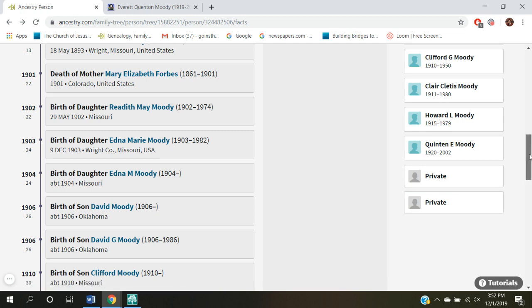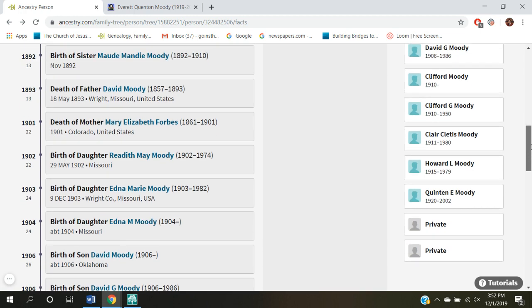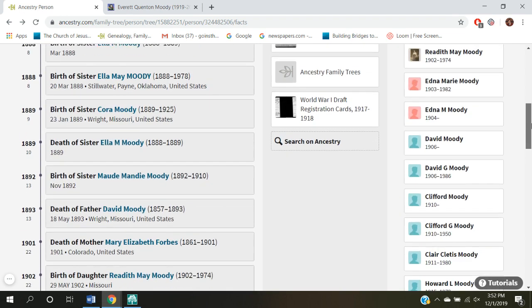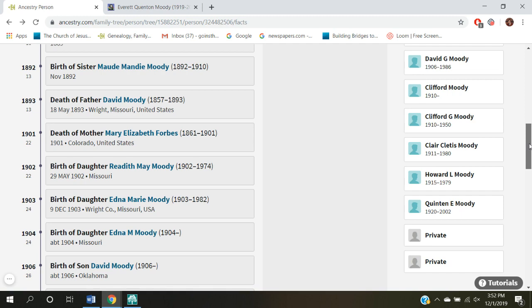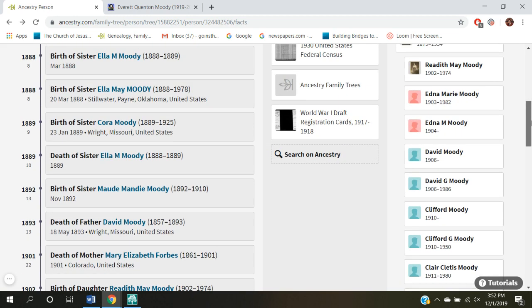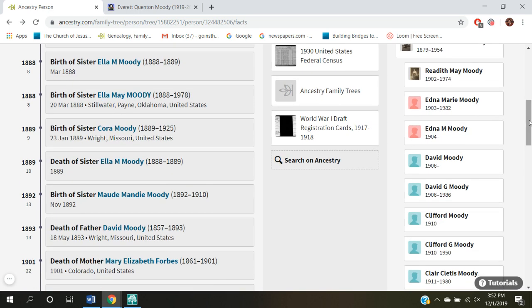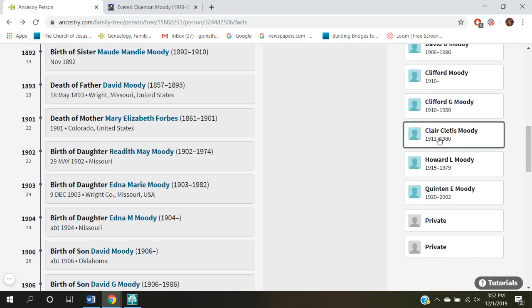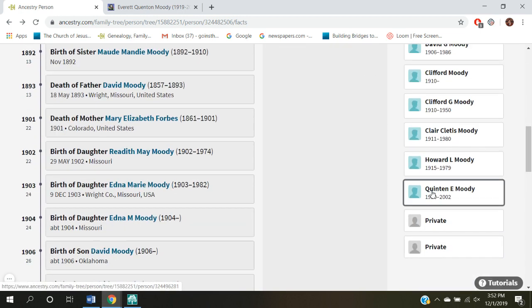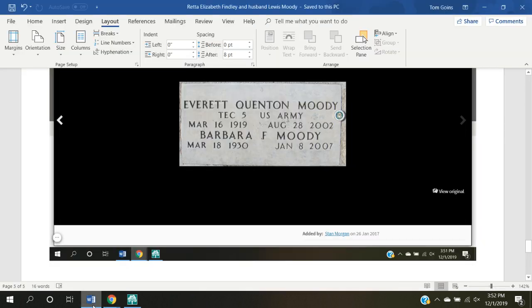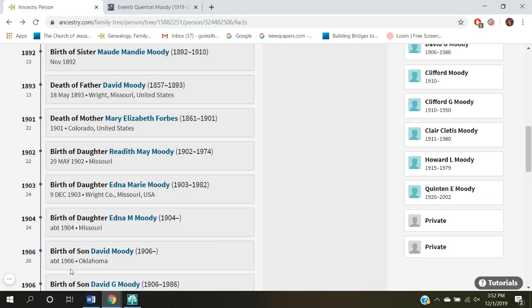But so far, up to 1920, we can find that they did have 7 children, as listed here in the family tree. So I know that's correct. I also know now that it's Claire Cletus, which is written here, so that's correct. And it's Quentin E. If you look at the image here on his stone, it's actually Quenton. That could have been misspelled by accident. So I'm going to go and look at some more documents on Everett Quentin Moody.